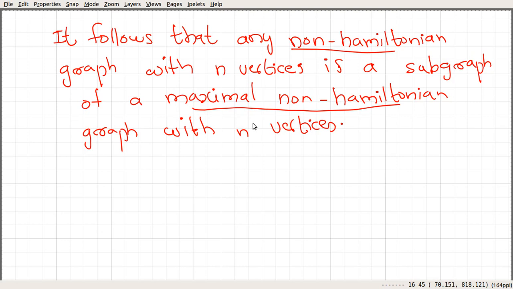But here the thing is that these Hamiltonian graphs are somewhat different from Eulerian graphs. Here we can see that no useful necessary and sufficient conditions for the existence of a Hamiltonian cycle are known.